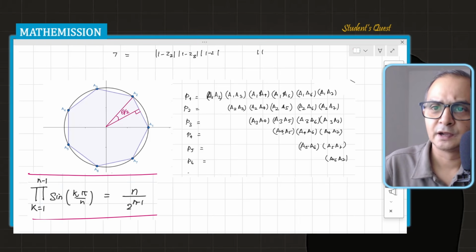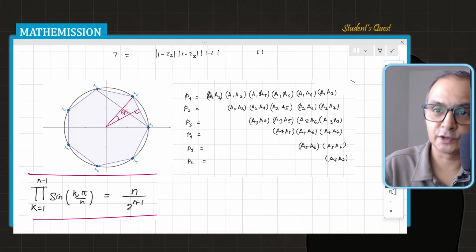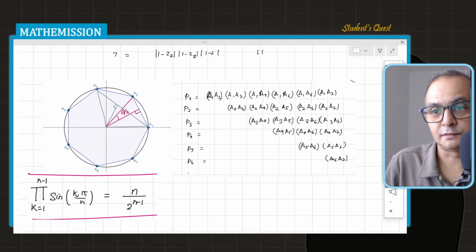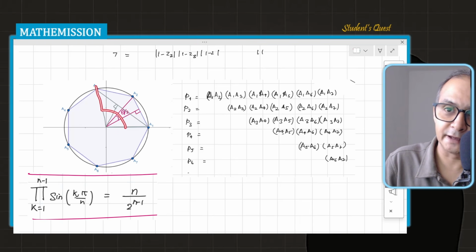If you find A1, A3, in this chord you again draw a perpendicular, and that theta by 2 will be multiplied by 2, because see what is happening. This angle is already theta, and you are adding theta again to get to A3. So this theta by 2 is used to find this chord.